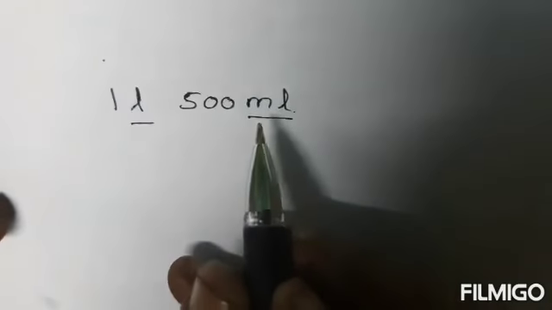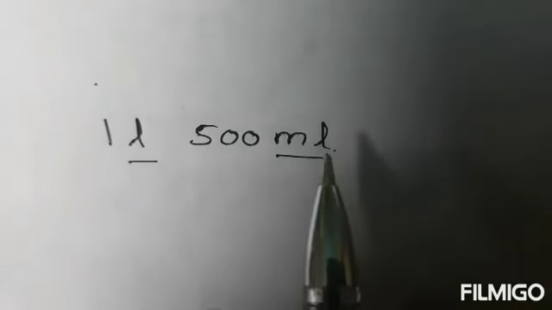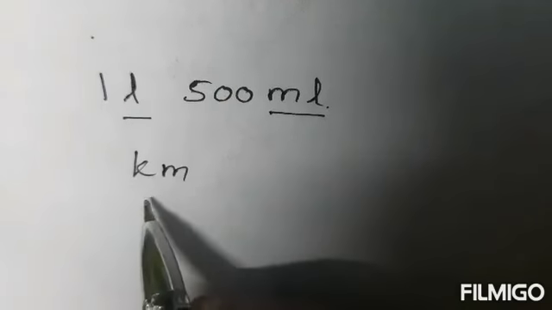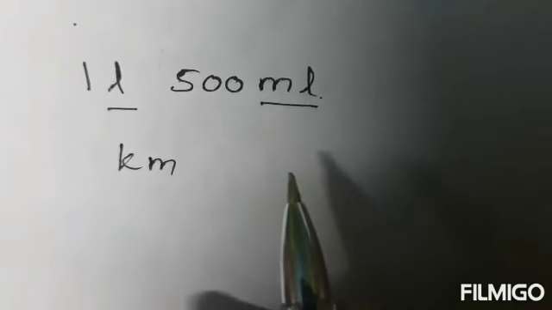So far we have learned so many units we use in our daily life. So what are the units you have learned? Kilogram, meter, centimeter, liter, milliliter, and also kilometer. So these units are all used in our daily life.